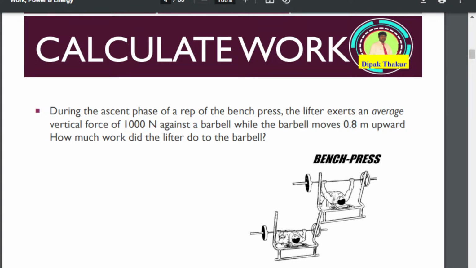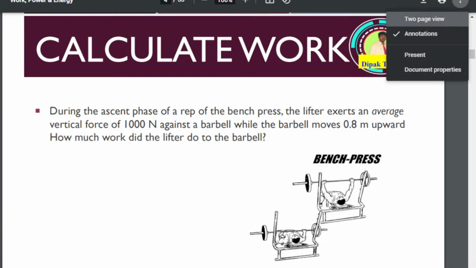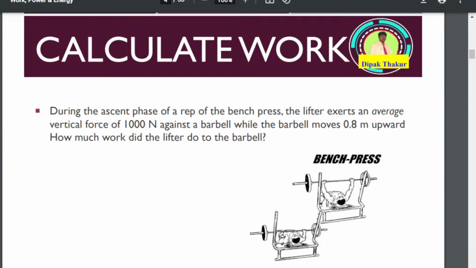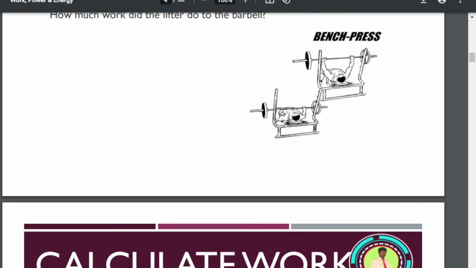So it was in this position, and here he is lifting upward. Then what is the work done?